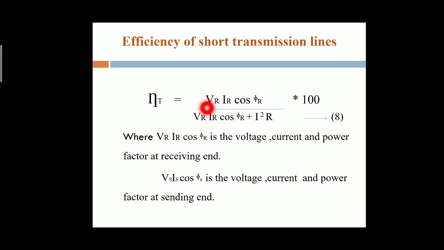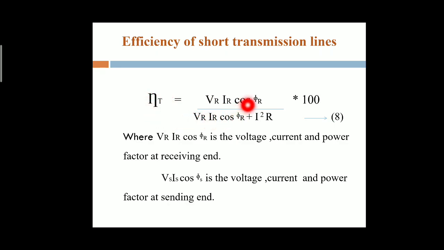What is the formula for delivered power? The delivered power is VR IR cos phi r, plus line losses, which we consider as resistive line losses, that is the I square R losses. This is the formula for the efficiency of a short transmission line.